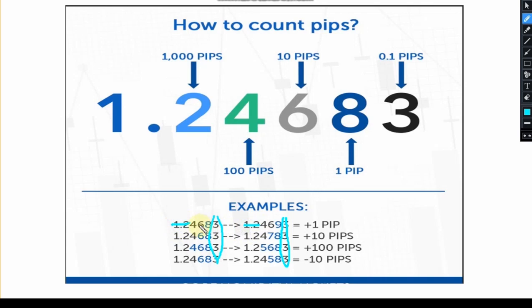So we are now considering what? 68 and what? 69. So 68 minus 69, what do we have? 1 pip, just 1 pip. So if we subtract 46.8 from 47.8, that is 10 pips. The same thing here, 46.8 to 56.8. You can see that is 100 pips.